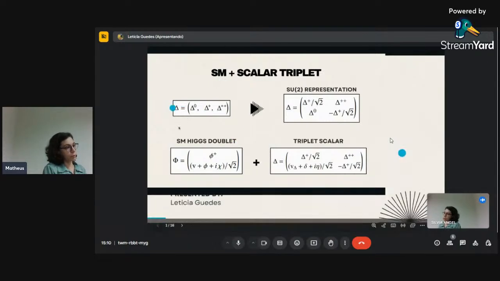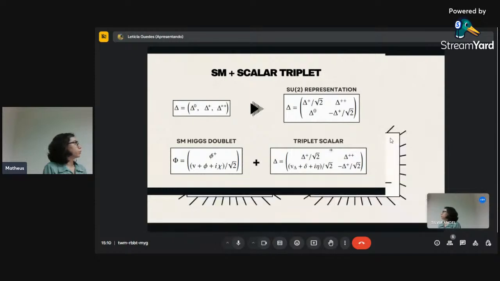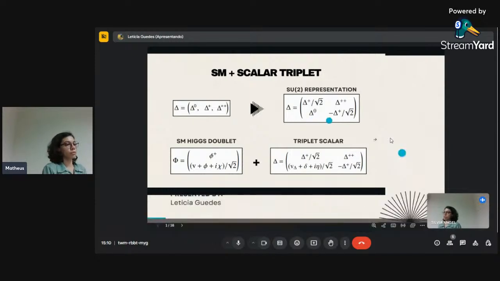Here you have the delta triplet, and here is the SU(2) representation in terms of the Pauli matrices. So you have three fields: the neutral one, the singly charged, and the doubly charged. And to interact with the SU(2) group of the standard model, it has to be represented by a 2x2 matrix.